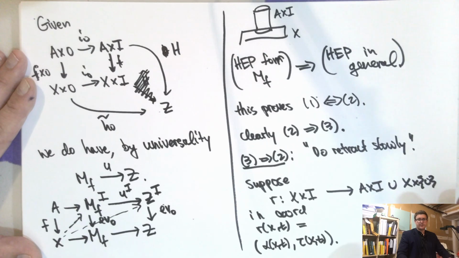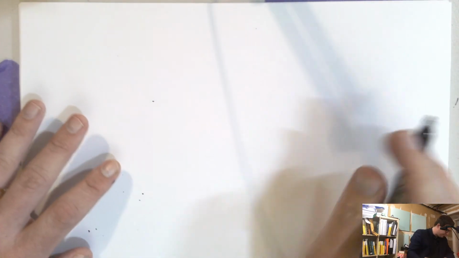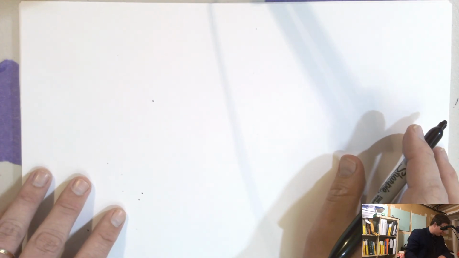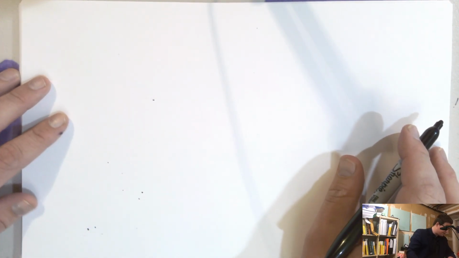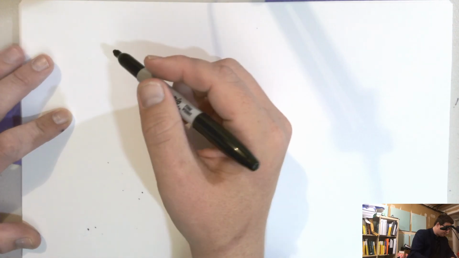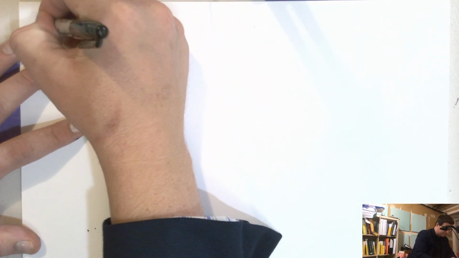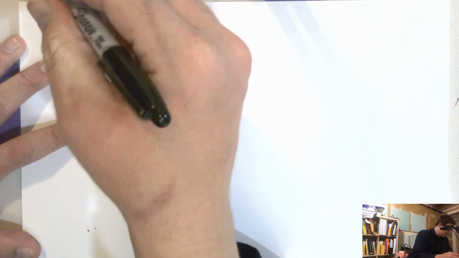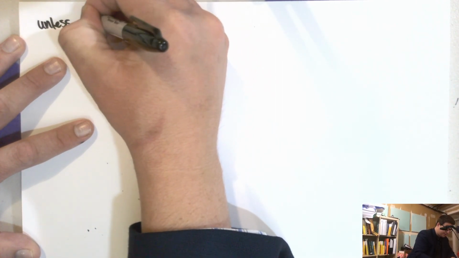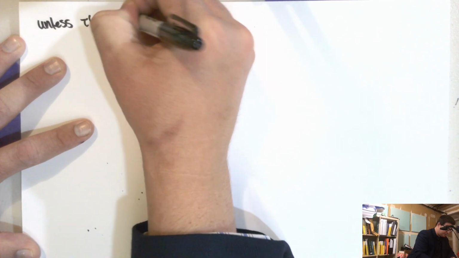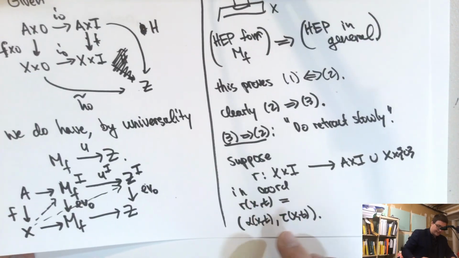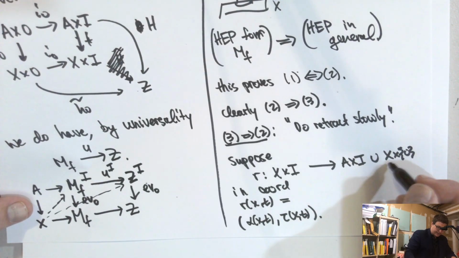So there's these 2 parts. Okay. So there's some conditions, right? So the condition is that unless tau of (x,t) is equal to 0, right? So that means that unless it's in the boundary, right? So unless it's in this part here.